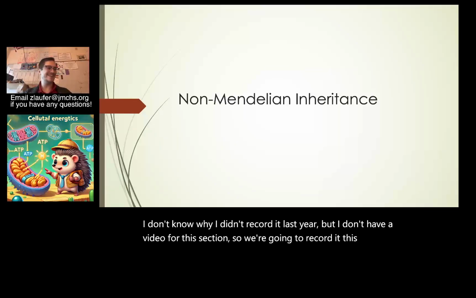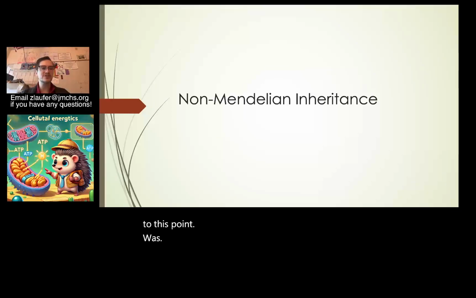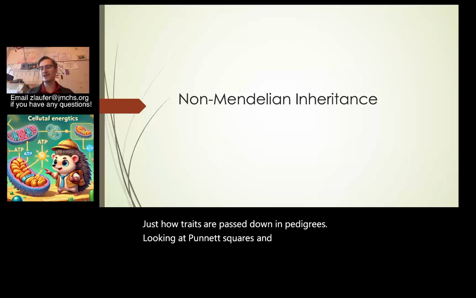Topic is non-Mendelian inheritance. So basically, everything we've done up to this point was at least variations of Mendelian inheritance. Looking at just how traits are passed down in pedigrees, looking at Punnett squares and how traditional inheritance can work.